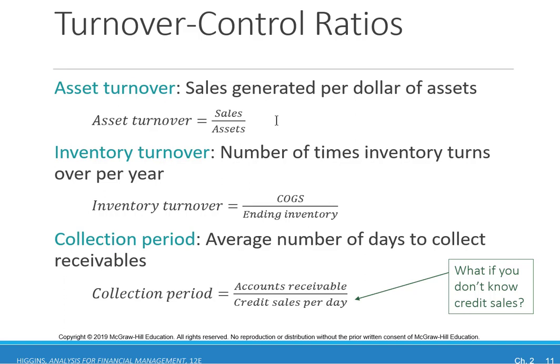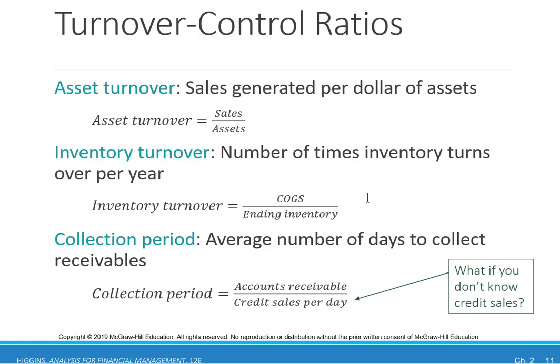If we decide this number is bad, it is either because we don't have enough sales, which I'm sure we would like more of, or we have too many assets. So that allows us to look deeper in the company to see exactly what we want to do with respect to managing assets. Inventory turnover tells us how many times inventory turns per year.